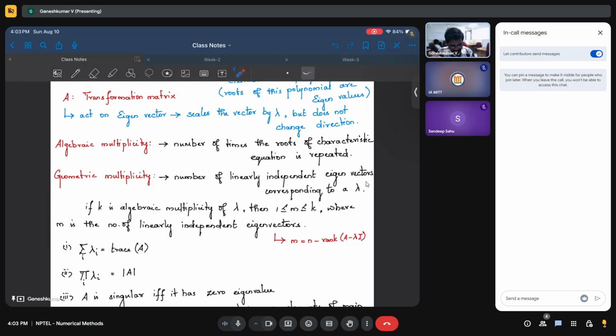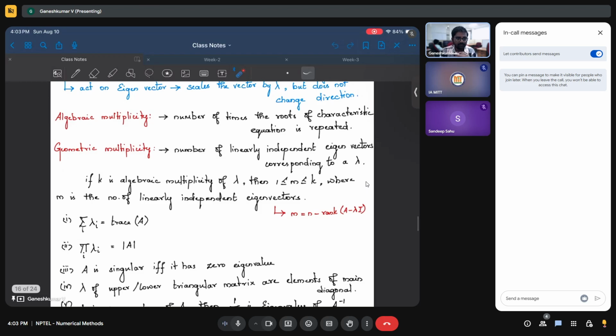There are two multiplicities that we saw: algebraic multiplicity and geometric multiplicity. Algebraic multiplicity is the number of times a characteristic value repeats, or the number of times a root of the characteristic polynomial repeats.